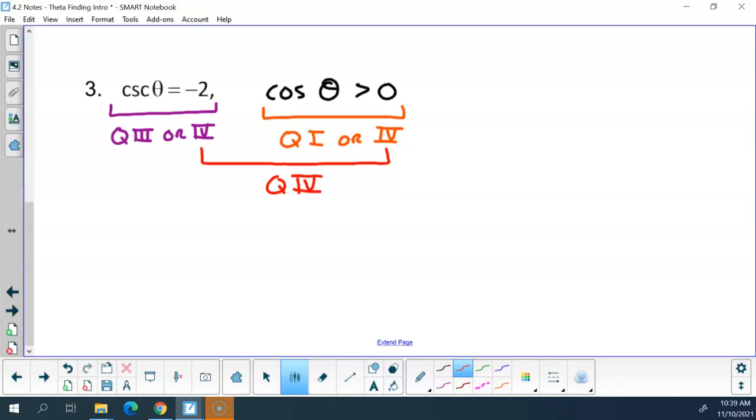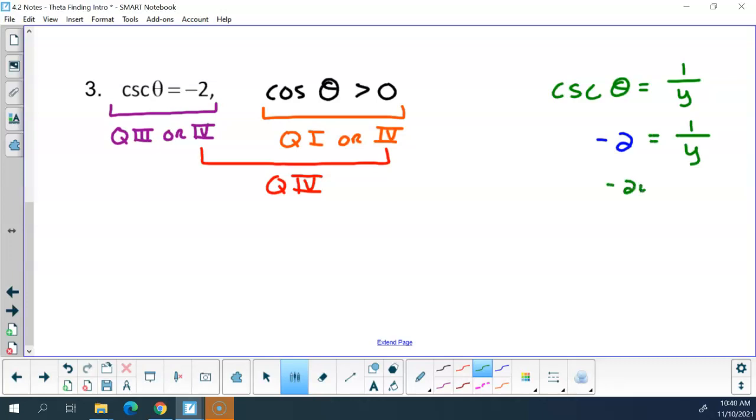Okay. Cosecant. So that's 1 over y. I'm going to show you a different way of doing this one. So cosecant of theta is equal to 1 over y. The cosecant, we said, was negative 2. So negative 2 has to equal 1 over y. Multiply both sides by y.